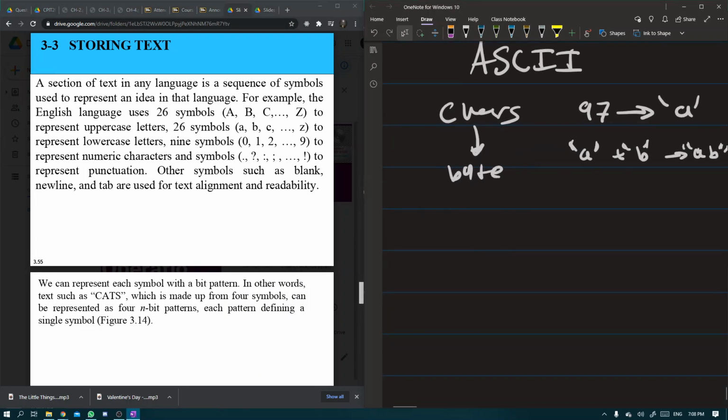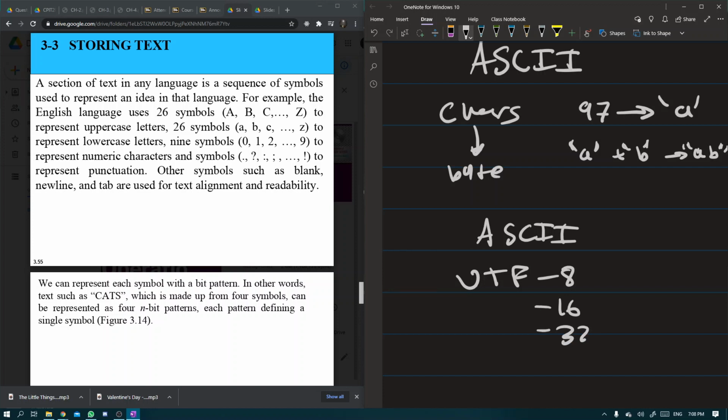And for most English characters, they could all fit in ASCII. But for other languages, it uses UTF-8 and UTF-16 and I think 32. But these are more complicated ways of storing data. I think UTF-8 stores it in 8 bits first, and if it needs to, it'll store it in more bytes.